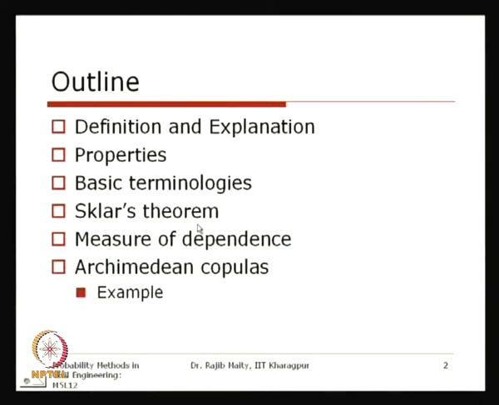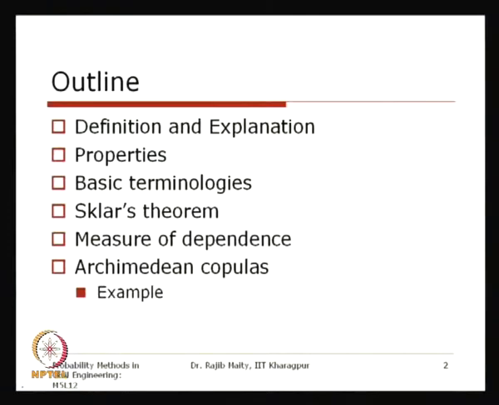and while discussing this, we said that this is basically the most important theorem, where we can use the copula function to develop the joint distribution from the marginal distributions. We also started the discussion on the measure of dependence, and today we will start from this measure of dependence from the copula function, and we will also see how to get those dependence parameters from the samples.